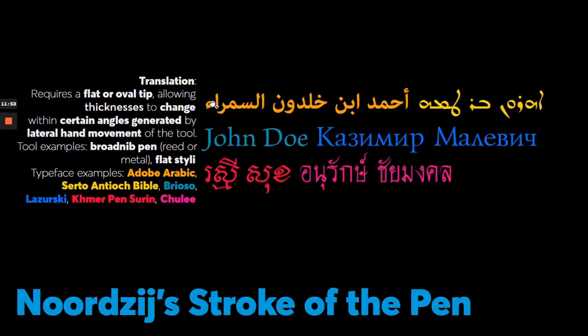So with this, you have here Certo, Antioch Bible, Adobe Arabic, then Brioso in Latin, Lazursky in Cyrillic, Khmer pen Surin for Khmer, and Chuli for Thai.